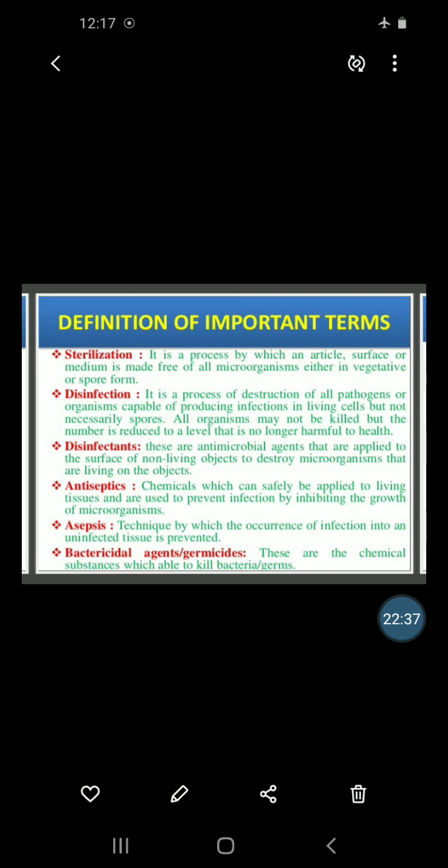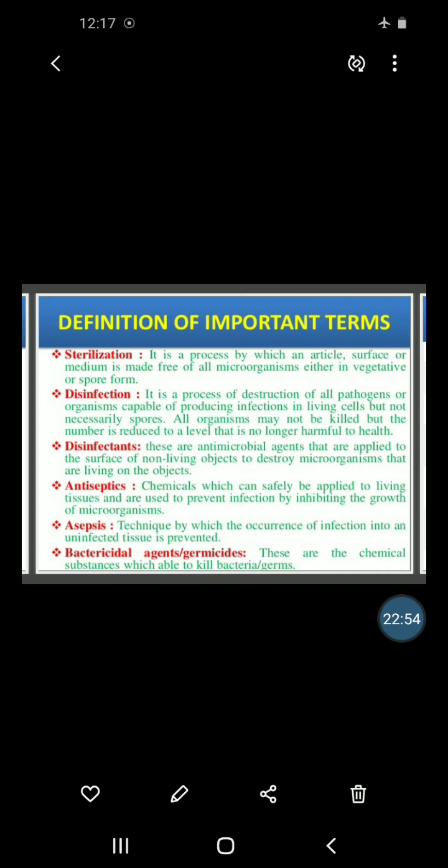Next we will see the temperature time relationship for the hot air oven. For temperature 140, the time is 3 hours. Then temperature 150, the time is 2.5 hours.